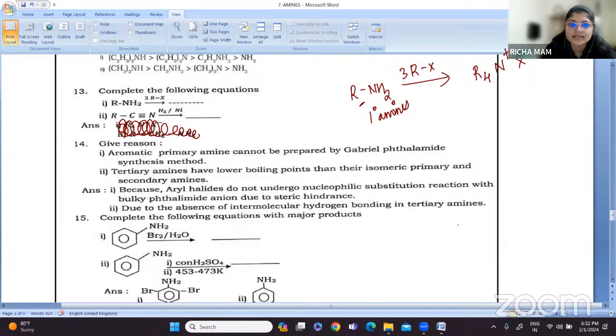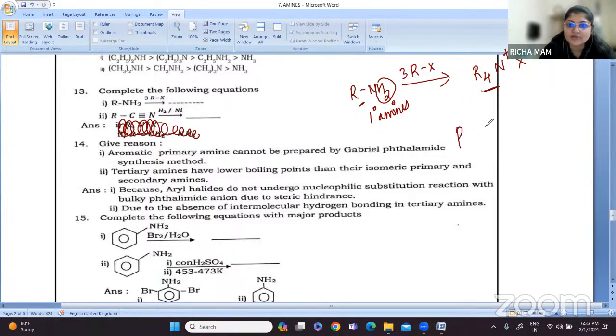R4N plus X minus. So all the nitrogen atoms are converted into R4N. So a quaternary salt is formed. Quaternary ammonium salt is formed.